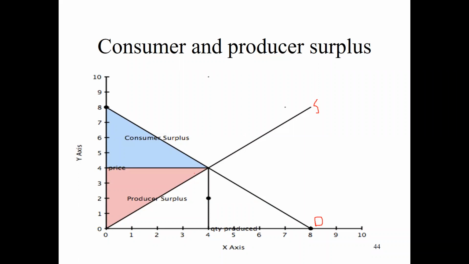Producer is below the price, above supply. That is every market, every situation: above the price, below demand; below the price, above supply. And like I said, on the AP exam, they love to quiz you on producer and consumer surplus. They love to force you to graph.